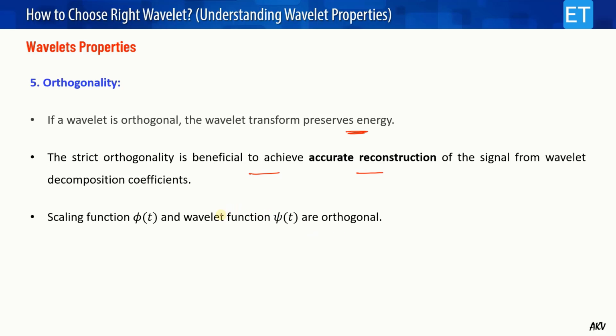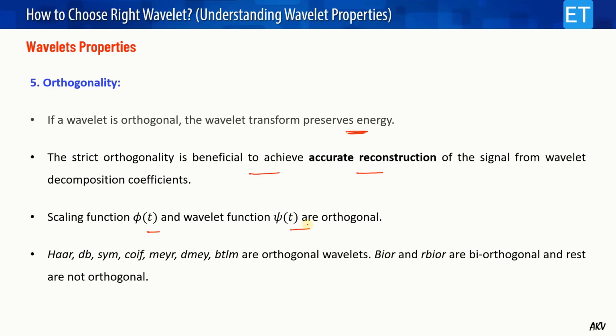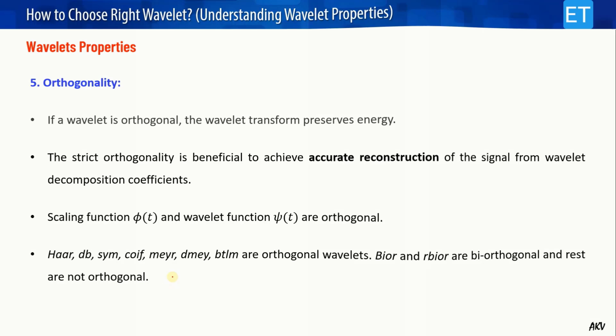So the scaling function phi(t) and wavelet function psi(t) are orthogonal. So we have these families: Haar, dB, Sym, Coif, Meyer, Discrete Meyer, Battle-Lemarie. These are all orthogonal wavelets, while Bior and Reverse Bior are biorthogonal, while the other remaining wavelets are not orthogonal. So we have to choose carefully on the basis of this orthogonality.